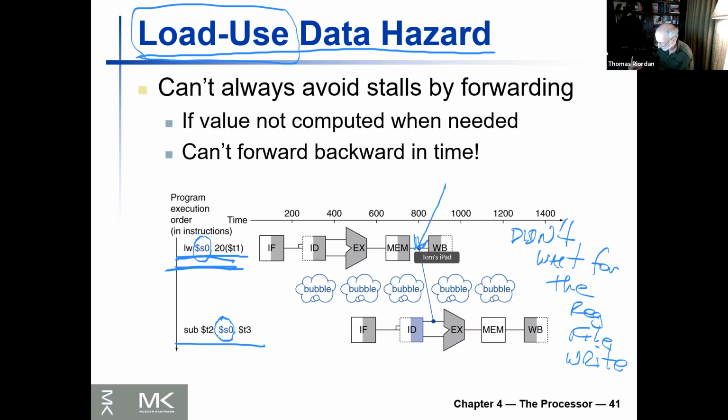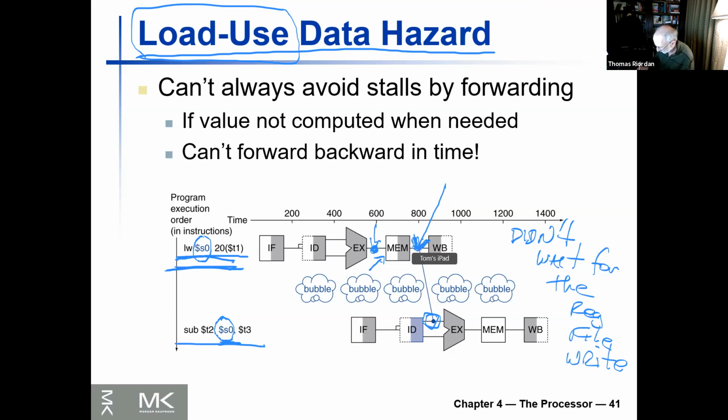That's when we have the value. We haven't written it into the register file yet. And then we need it into the input of the adder, again shown here. And so we draw that line directly, but notice that because we don't have it until here, in the previous case we had the result right here. But in this case, the value that we have here is just the address that goes to memory. We don't actually have the result of the load until the end of the memory cycle.